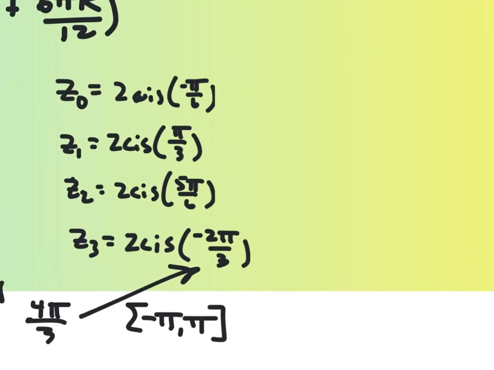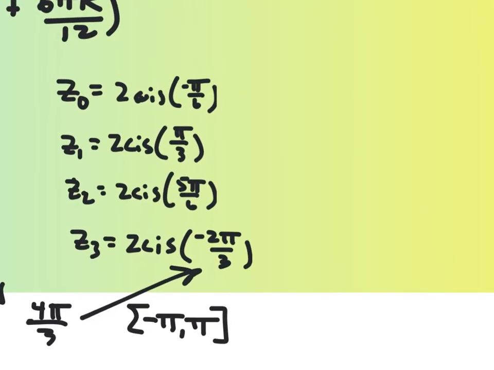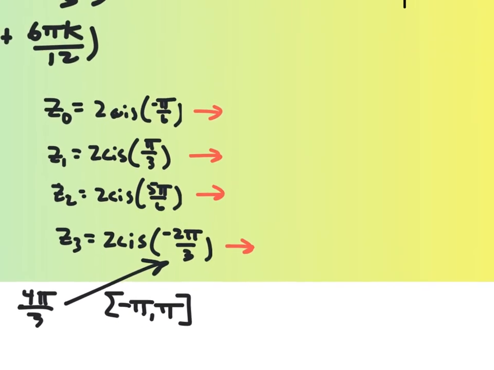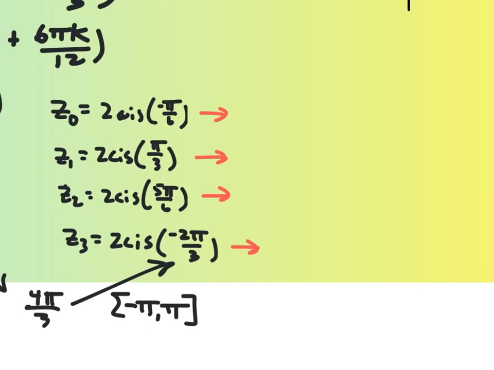Okay, so one more step here. We want to write these in Cartesian form. Right now they're in polar form. So 2 cis negative pi over 6 would be the same as z sub 0 being root 3 minus i.